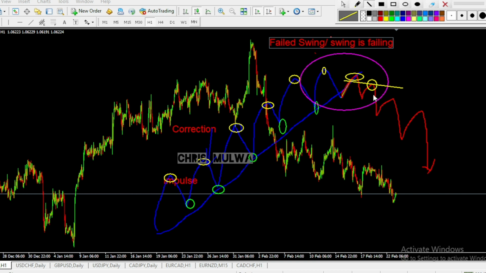And we place our trade once it turns and gets here, beating the other low.